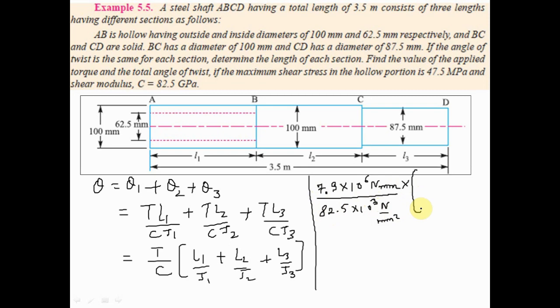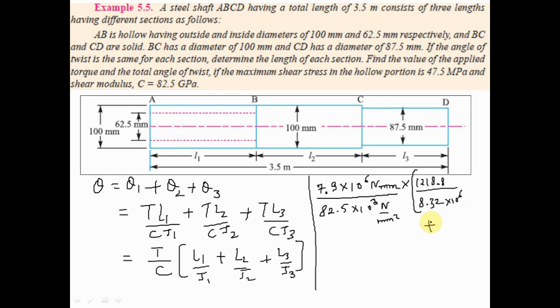So L1 you already calculated in the first step. L1 was 1218.8 whole upon J1. J1 you calculated as 8.32 times 10 to the power 6. Then plus L2 by J2.